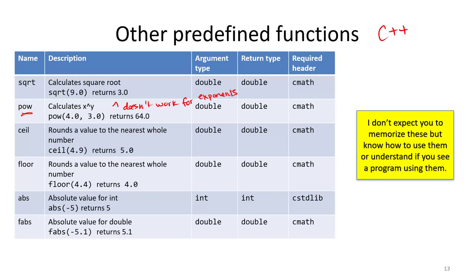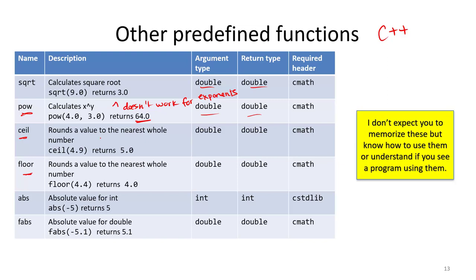So that's why we have this pow function. For example here, if I say pow(4.0, 3.0), that will take 4.0 and raise it to the third power. So 4 times 4 times 4 would give us 64. Notice these functions do require that the input argument be of double type.